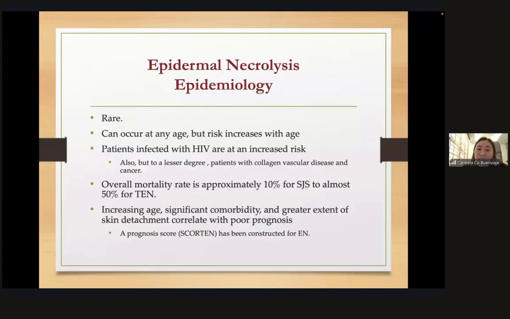Overall mortality rate for epidermal necrolysis is 10% for SJS and about 50% for TEN. Increasing age, significant comorbidity, and a greater extent of skin detachment, of course, correlate with a poor prognosis. Later, I'll introduce to you the prognostic scoring system for epidermal necrolysis, which is the SCORTEN.